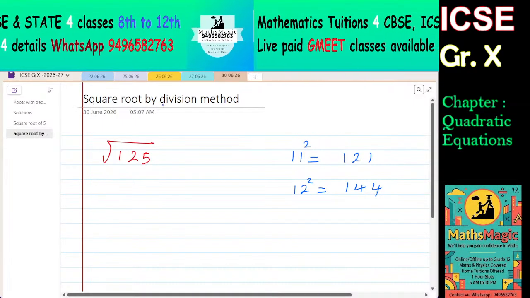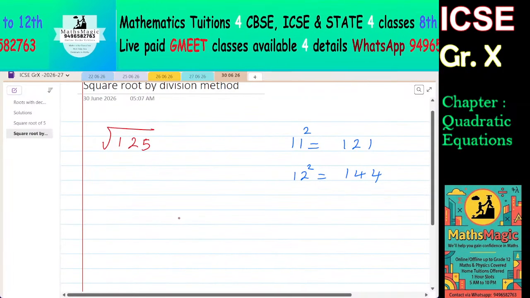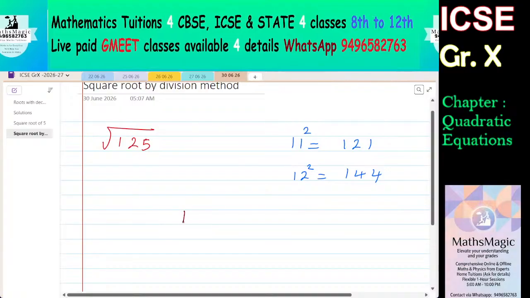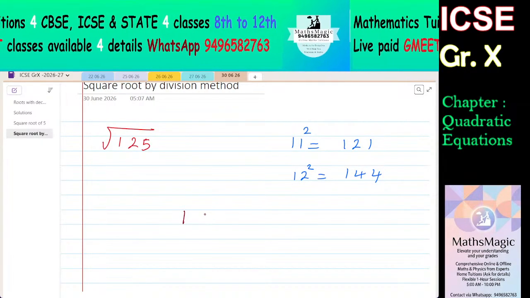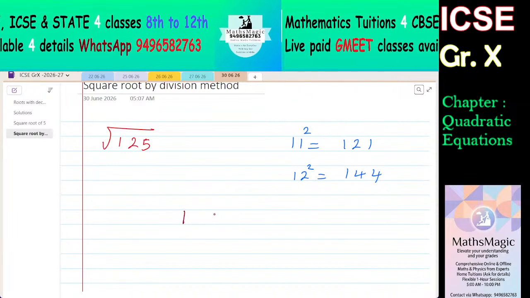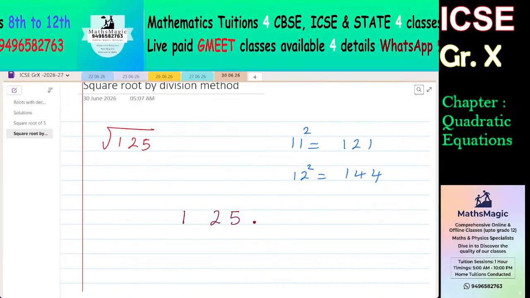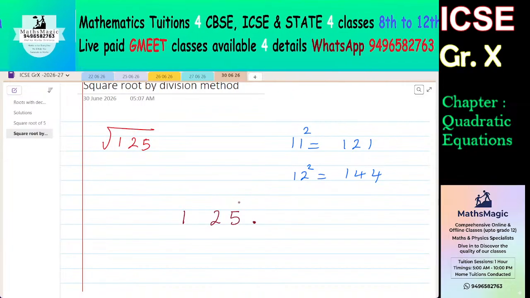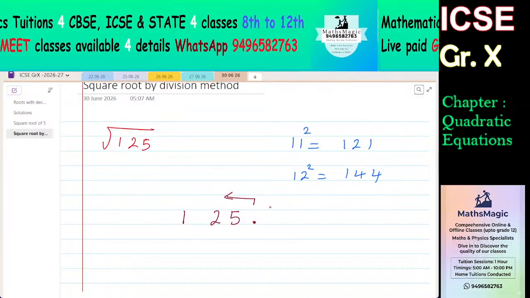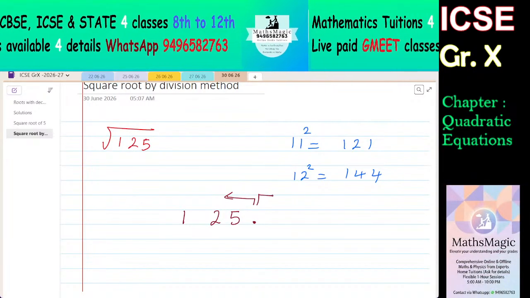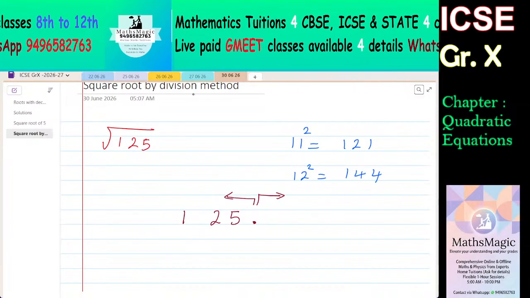Okay, fine. Now the long division method is to write this 125 as pairs of numbers. We'll put a decimal place here. We need to pair numbers from the decimal place to the left and to the right. So the checkpoint is decimal places.